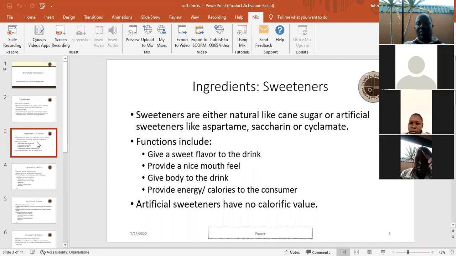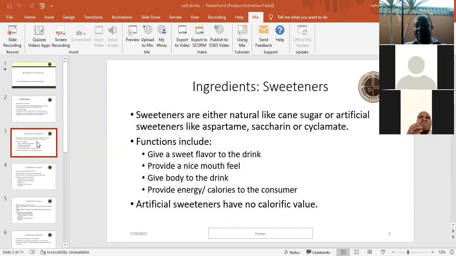So that's why in recent times you can hear of what you call zero energy or zero sugar sodas.